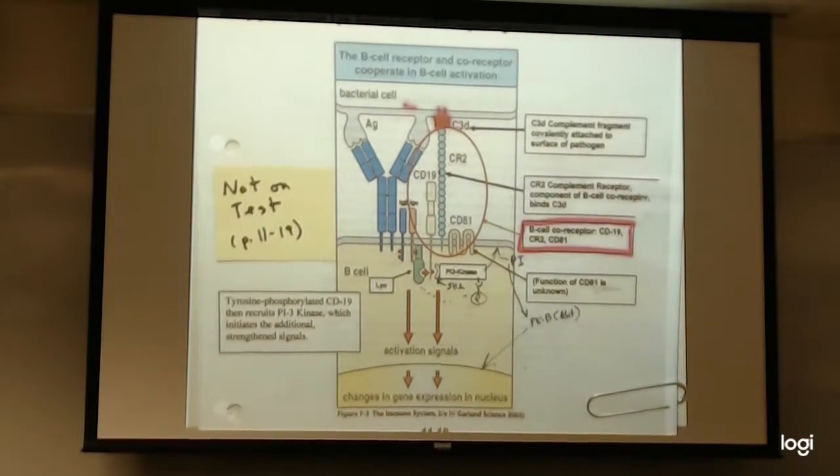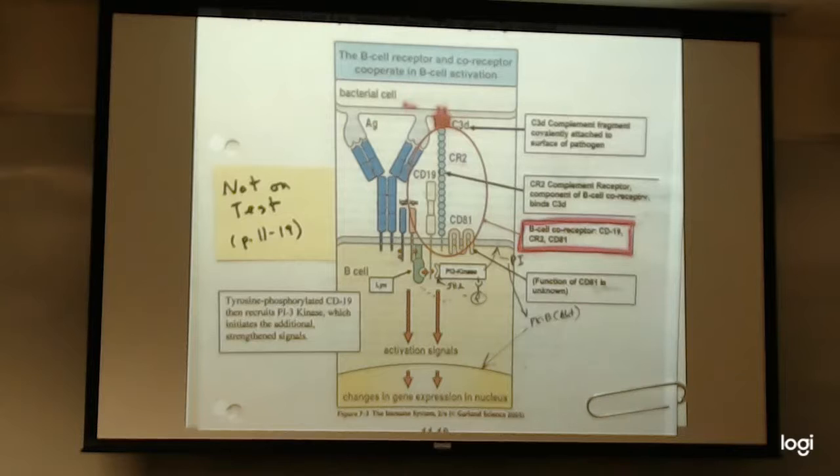I mentioned to you in the beginning of the course that complement is a set of proteins in the blood which are inactive, and then they can become activated by a protease cleavage of complement number 1, and activated complement 1 will cleave and activate complement number 2, etc., etc., etc.